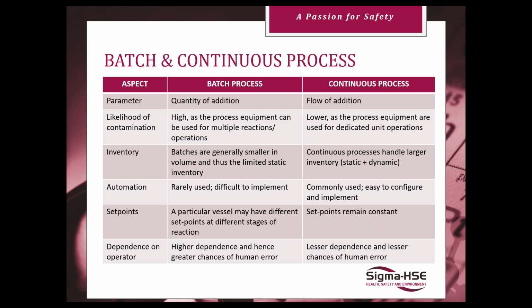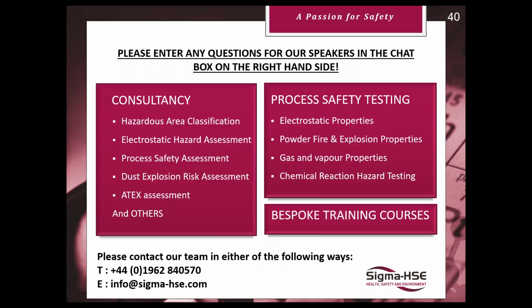And then, of course, there is higher dependence on human operators in batch and lower dependence in continuous processes, which is something to take into account when you're doing your HAZOPs.